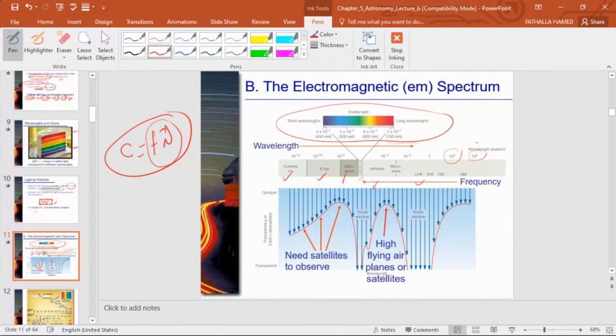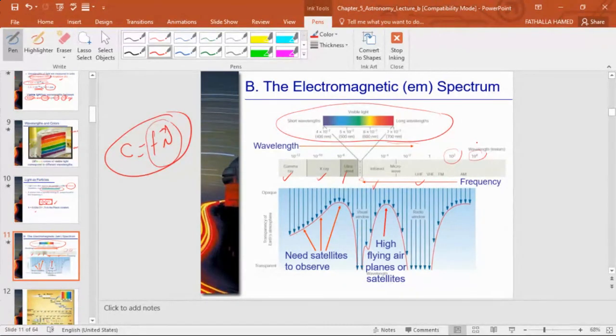Now we produce this radiation here on Earth, but the sun, for example, is producing all these electromagnetic radiations. And of course, they radiate from the sun in all directions. They go through the whole solar system and they come to us here on Earth.